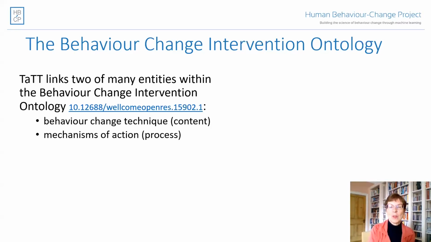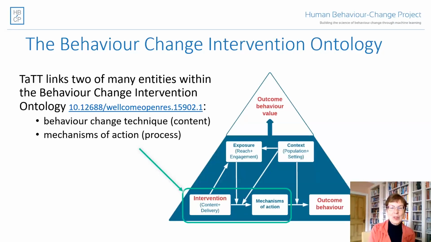Now here's the top level of what the ontology looks like. So here's a green arrow, and if you just look at the two boxes within the green arrow, you'll see the intervention, the content, the behaviour change techniques, and the mechanisms of action. And on the right hand side, at the bottom there, you see the target behaviour. Now, what you'll also see is the relationship between intervention and mechanisms of action is moderated by the exposure, that is, the extent to which the intervention has reached and is engaged with.